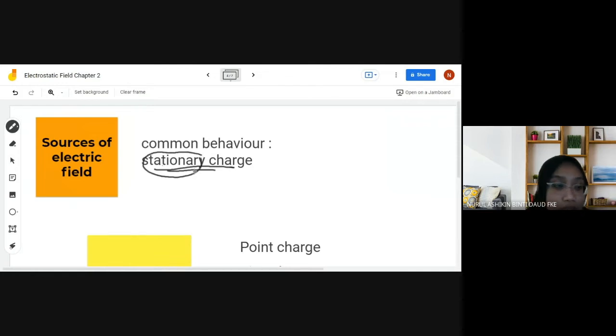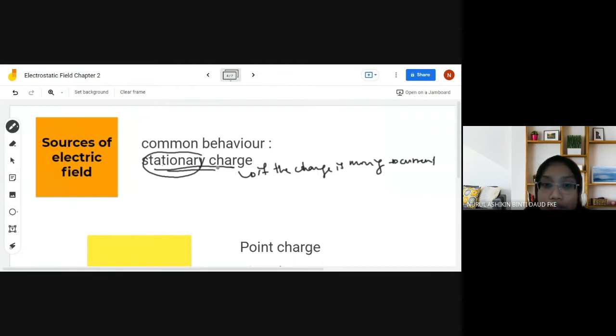It means that the charge is not moving at all. It is static. If the charge is moving, we know it as current.